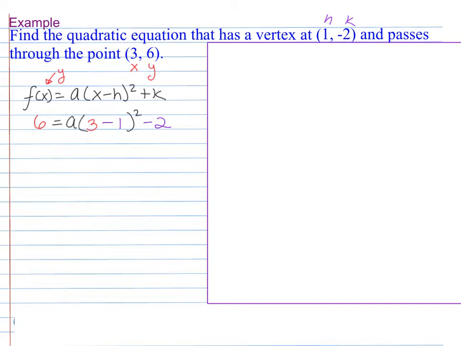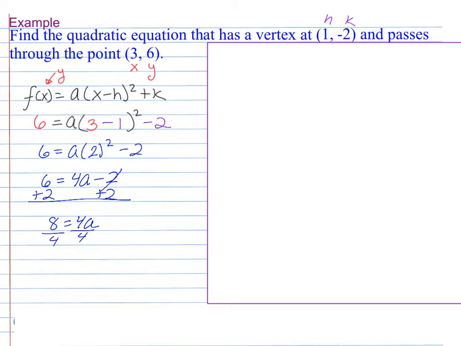So now you're going to have 6 is equal to a times 3 minus 1, which is 2 squared, minus 2. 6 is equal to 4a minus 2. Add 2 to both sides. You're going to have 6 plus 2, 8, is equal to 4a. Divide both sides by 4, and you're going to get that your a value, your leading coefficient, is 2.